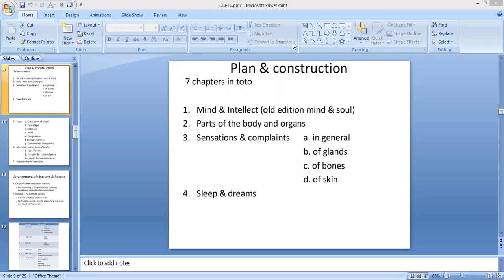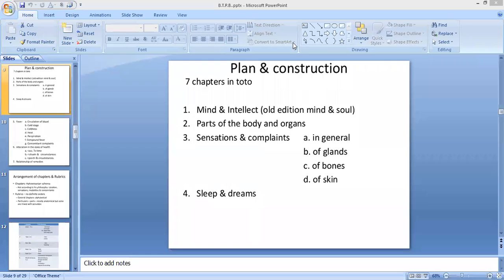We must consider that four square foundation, and he gave less importance to the symptoms related to mind.